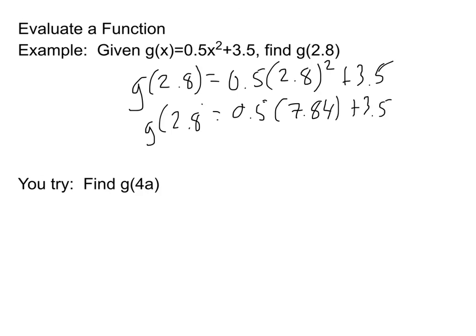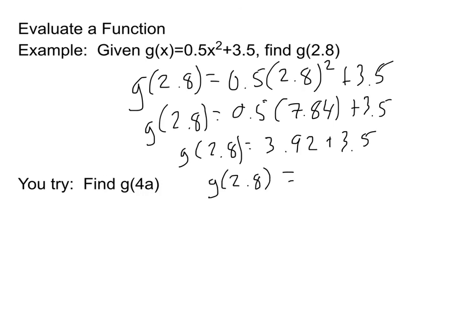And then we multiply those. g of 2.8 equals 0.5 times 7.84 is 3.92 plus 3.5. And finally, g of 2.8 equals, let's see, 3 and 3 is 6. We're going to have to go up one, so 7.42.